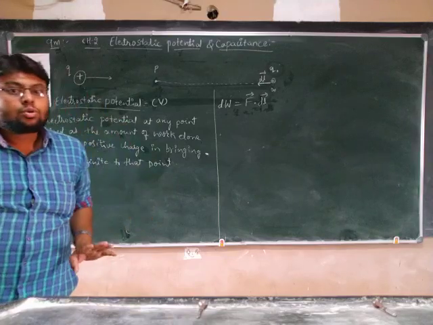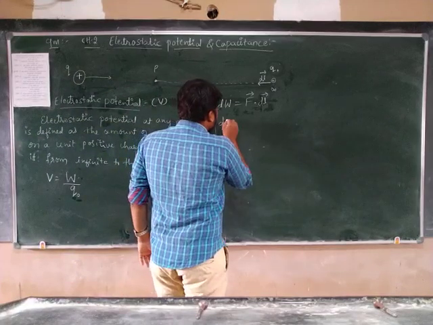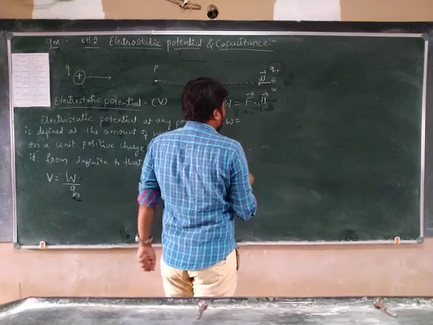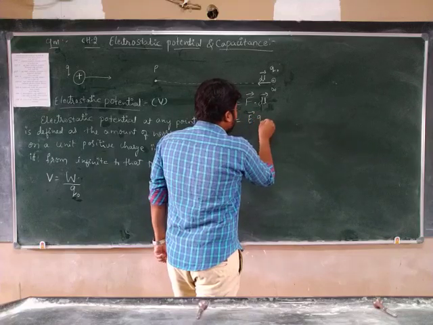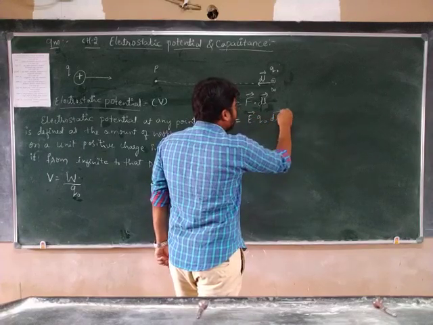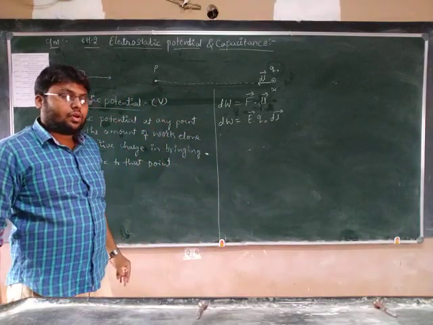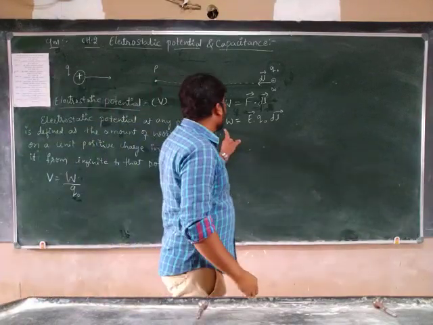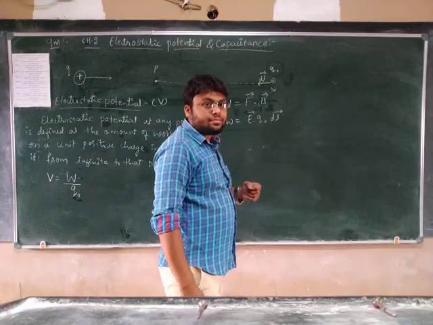Then F is equal to E into Q naught. So dW is equal to E into Q naught into dl. Is it clear? This is a small amount of work done for a small displacement dl.